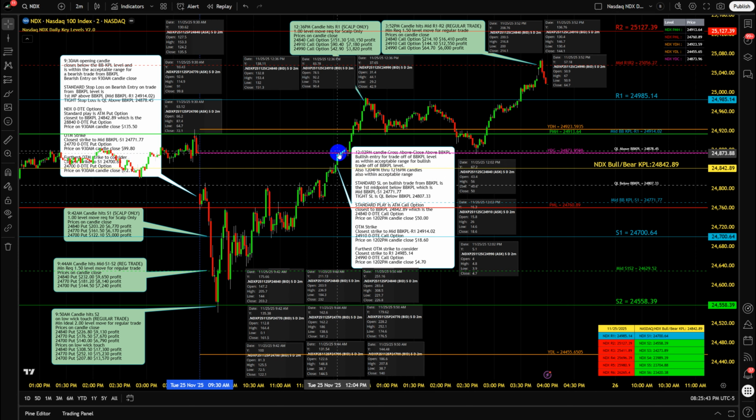So that's all these candles here going back up to this candle here right before this big break. They're all within the acceptable range from here to this candle here. So if you missed this to begin with, you could have also entered here, here, here, here, here, or even here or here on this bullish trade.